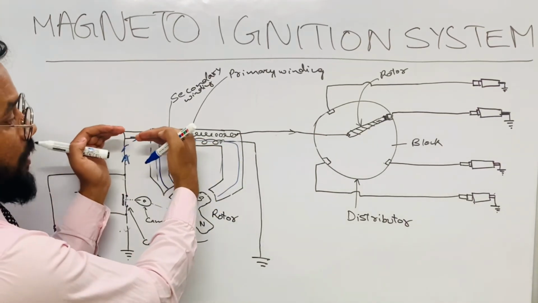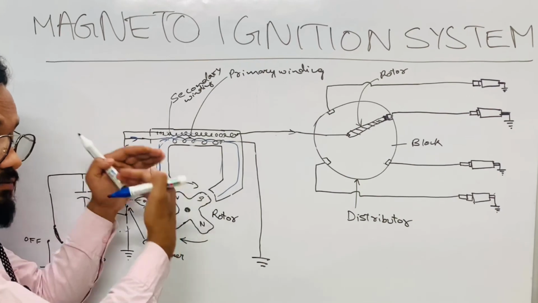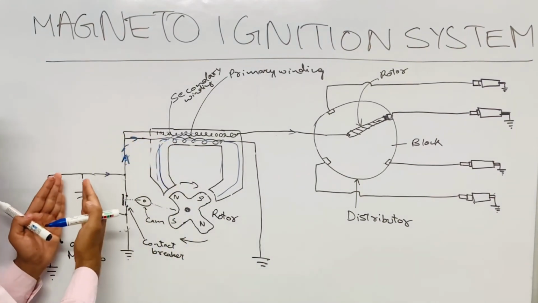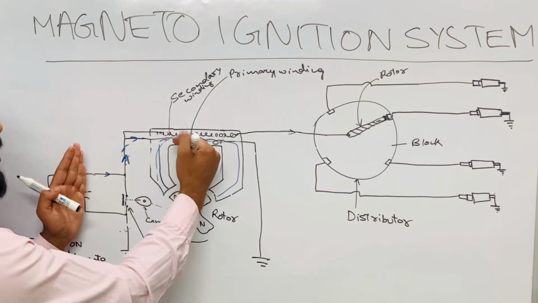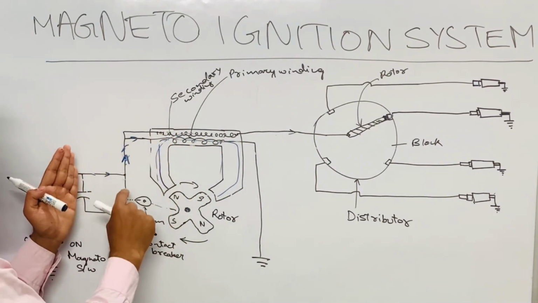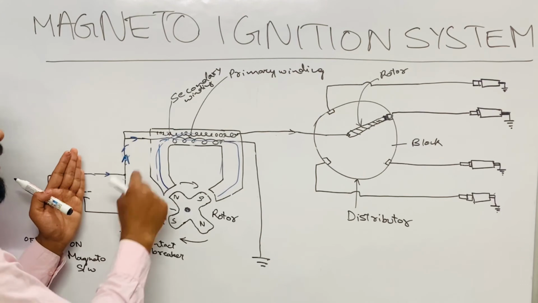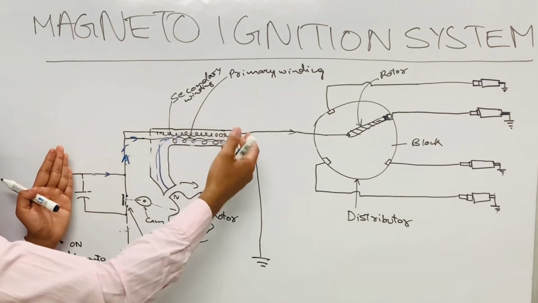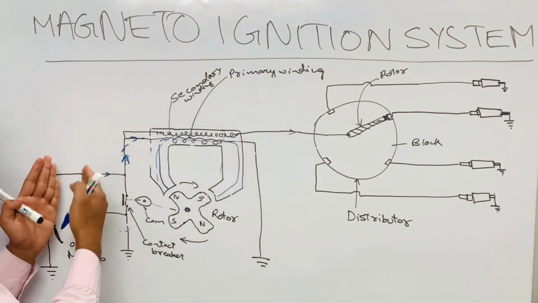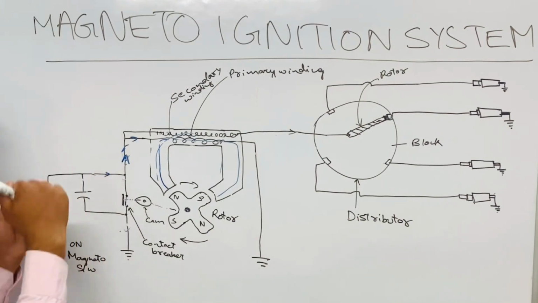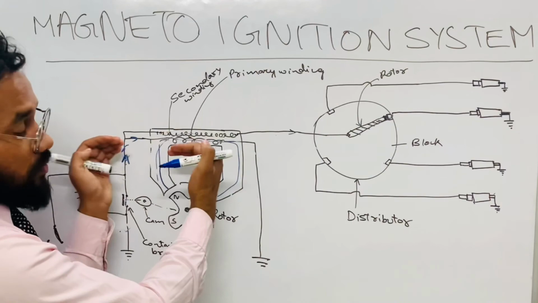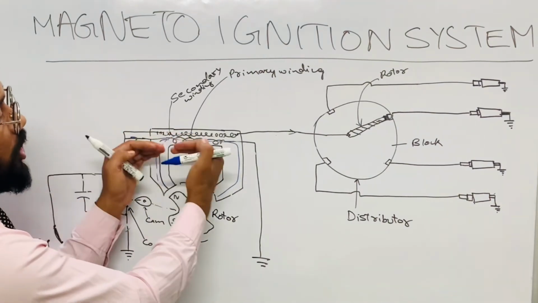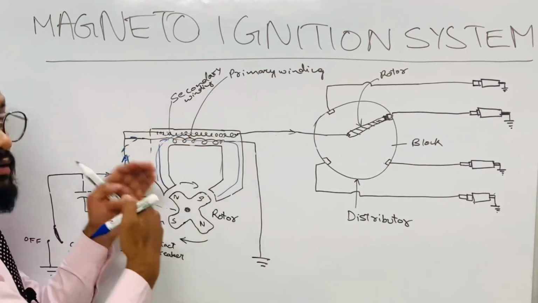So when this primary winding is being suppressed, it is happening at a much faster rate because of the presence of the capacitor. Earlier, when we had not discussed the capacitor's role, we came to know that though the primary current is collapsing because of the opening of this contact, the voltage is not sufficient to produce a spark. That's why the capacitor's role comes into the picture, and what it is doing is suppressing the primary current at a faster rate.